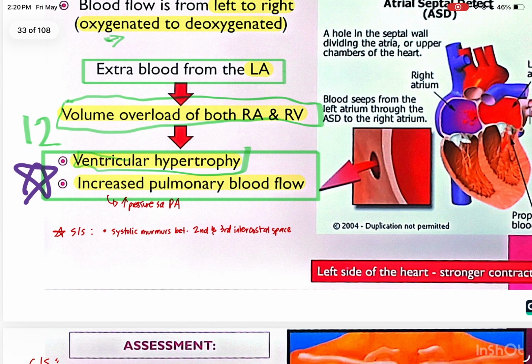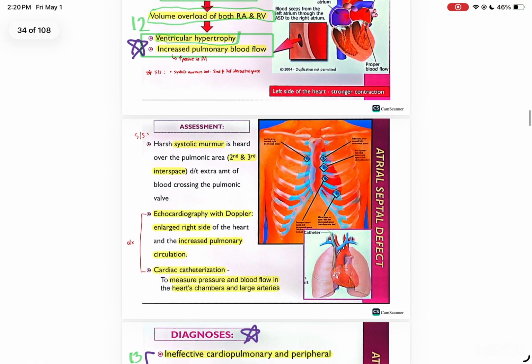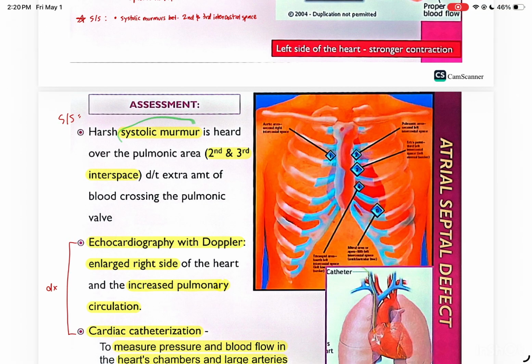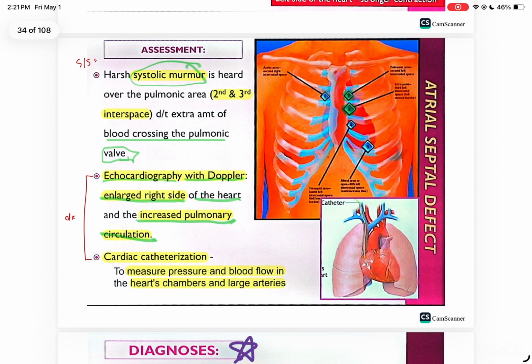It means the right side is enlarged, with increased pulmonary blood flow and pressure in the pulmonary artery. On assessment, we hear a harsh systolic murmur in the pulmonic area, between the second and third intercostal space, due to the extra amount of blood crossing the pulmonic valve.